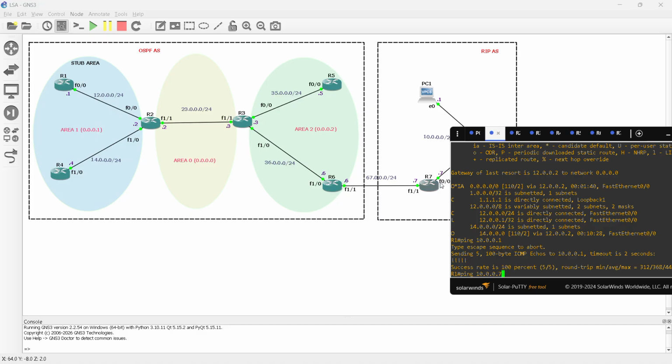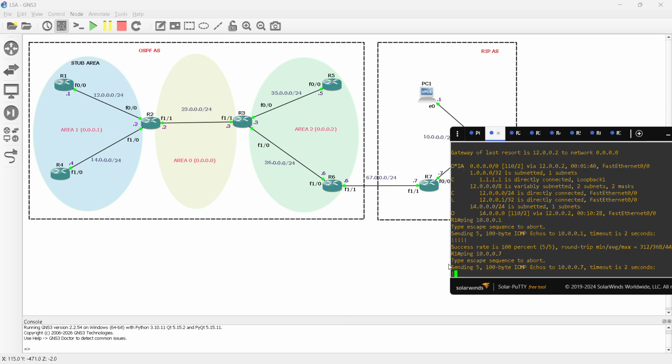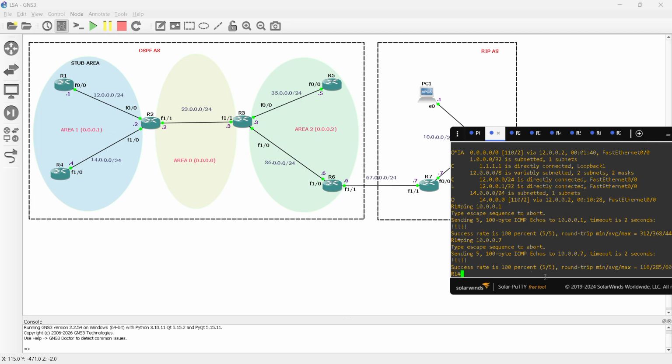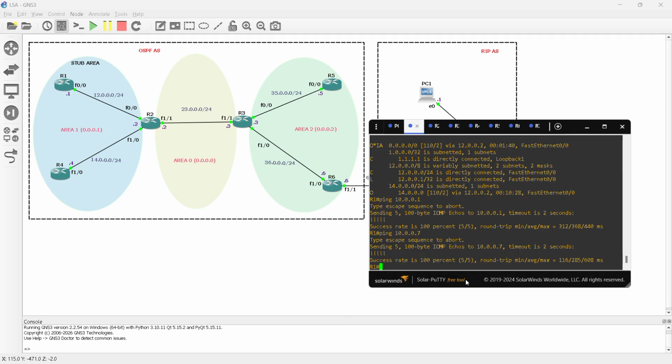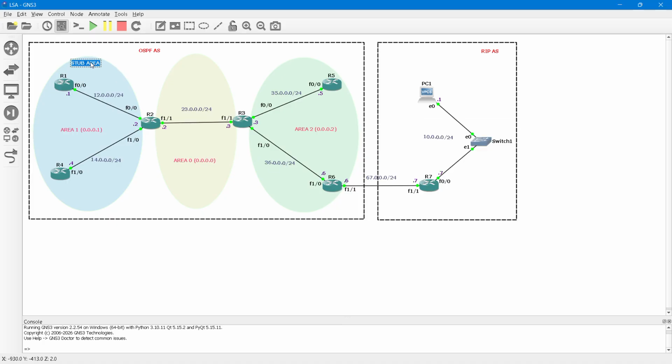Let's suppose this is the default gateway for PC1. Success. So yeah, this was it for this lecture where we saw the lab of our stub area and totally stubby area. I hope you enjoyed. See you in the next one.